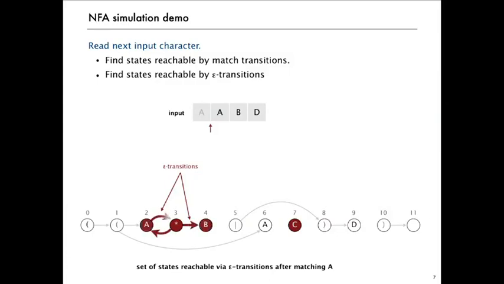Well, from 7 there is nowhere to go, and from 3 it can go either to 2 or 4. From 2 it could go back to 3. So the total number of states that it could be in after matching A is 2, 3, 4, and 7. And so that's one step.